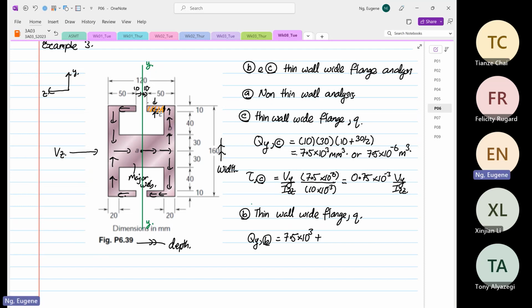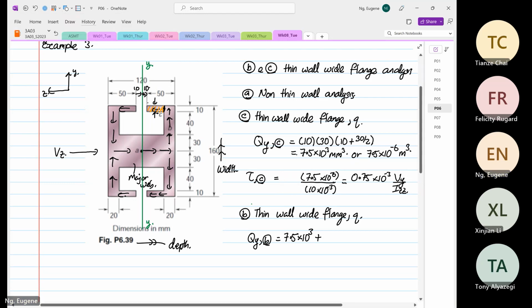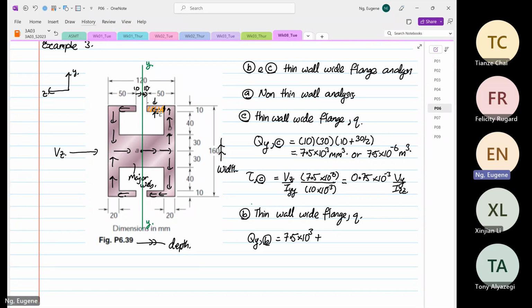So now the area that we have to consider now. Should not be Vy and Izz, now Vz and Iyy instead. Oh, you're right. Thank you. Tony, I owe you a beer. So Vz over Iyy. Thank you, Tony.